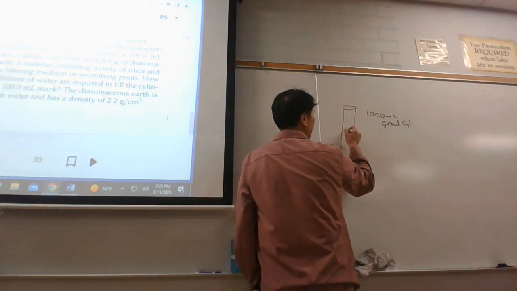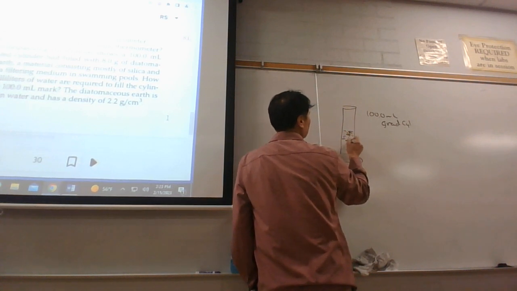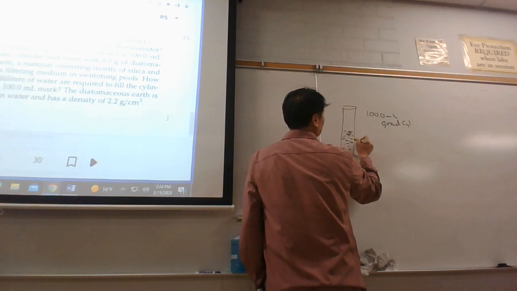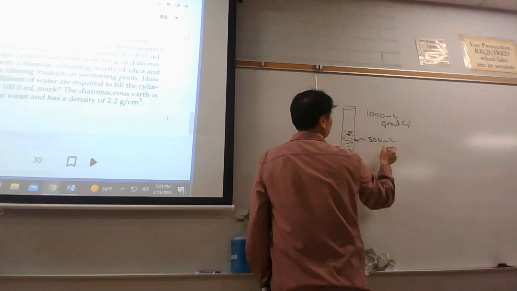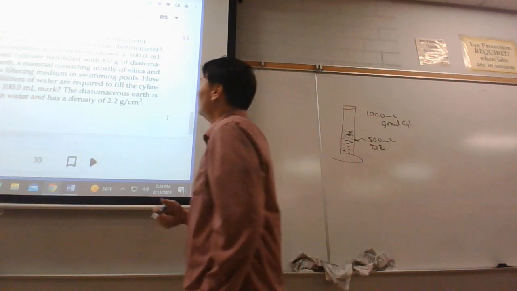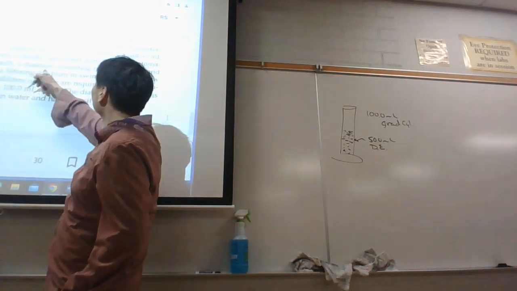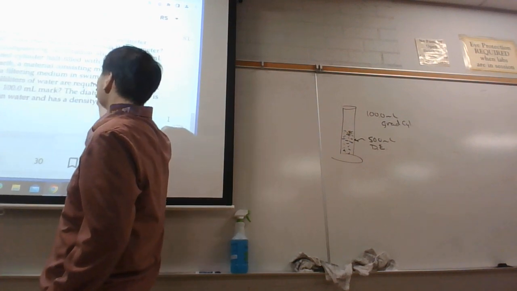So we're going to fill this halfway with diatomaceous earth. So this is going to be 50.0 milliliters of diatomaceous earth. Diatomaceous earth I'm going to just call DE, a material consisting mostly of silica and used as a filtering medium in swimming pools.